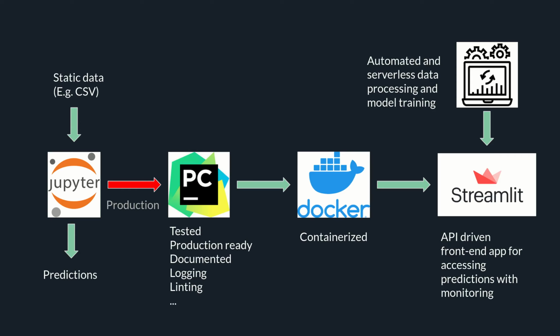Then you containerize it in your Docker container so that it can run anywhere. Then you get it in some type of front-end system, maybe using something like Streamlit, that's running off of APIs, that's got monitoring hooked up to it, that's hooked up to maybe serverless data processing and model training so it can always have the most up-to-date model. Maybe even do things like A/B testing, get feedback from your users automatically.